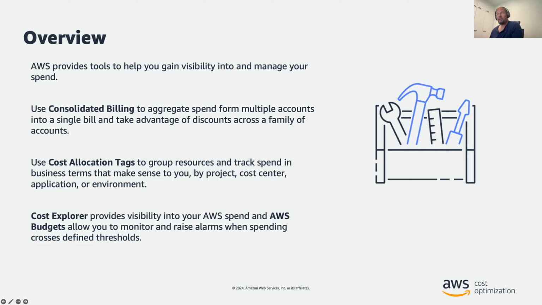AWS Budgets is a tool that monitors the costs for you. It will basically send an alert if your spending is going above defined thresholds. For example, if you're using your free tier account now to test and learn about AWS, you should set an AWS budget for yourself so that it will send you an email if you start accumulating costs.